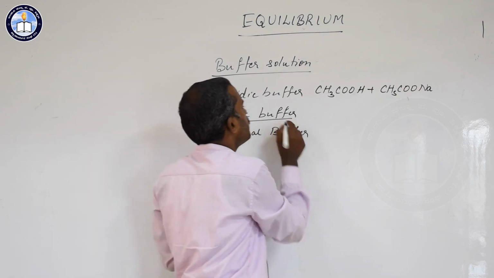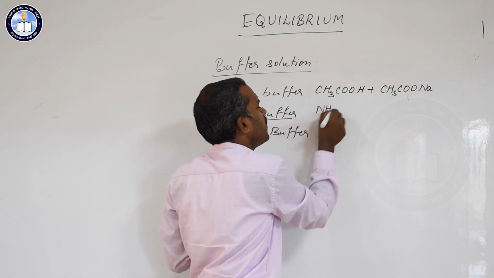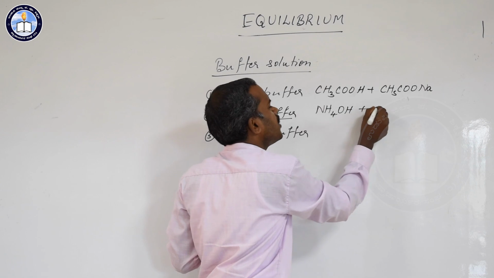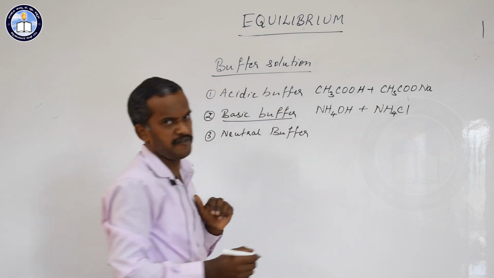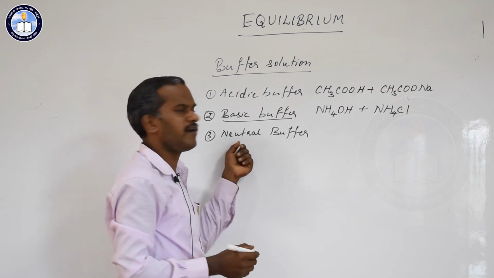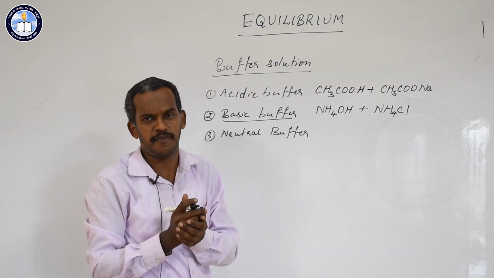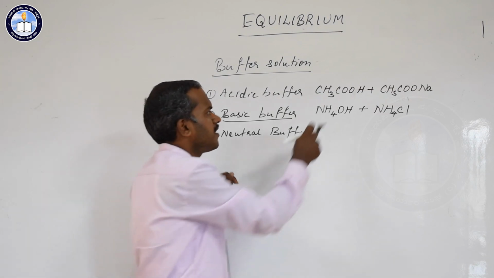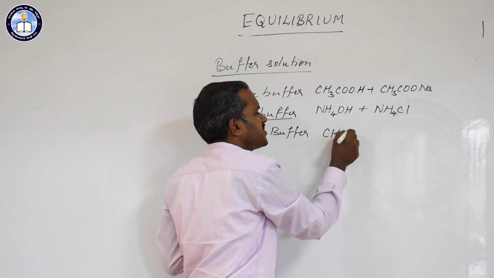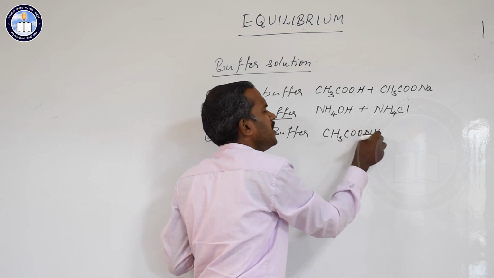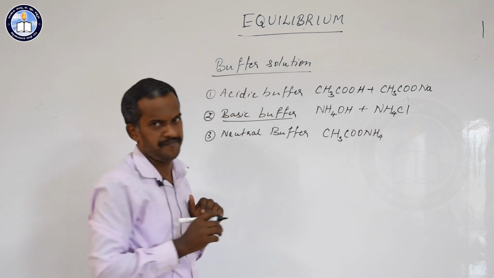A basic buffer will have a weak base like ammonium hydroxide and its salt with a strong acid, so if I add ammonium chloride, it becomes a basic buffer. A neutral buffer is a combination of a weak acid and a weak base. It is a single salt buffer: if I mix a weak acid and a weak base together, ammonium acetate, CH3COONH4, it becomes a neutral buffer.